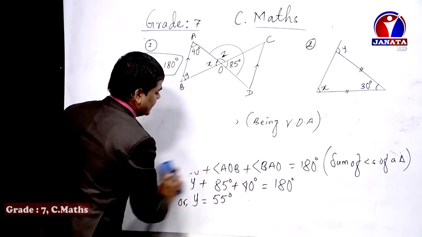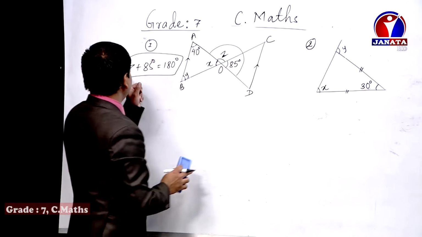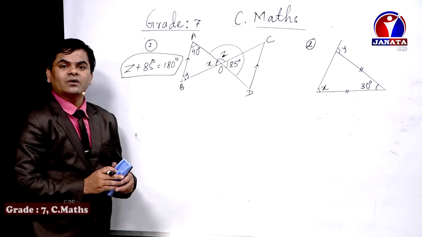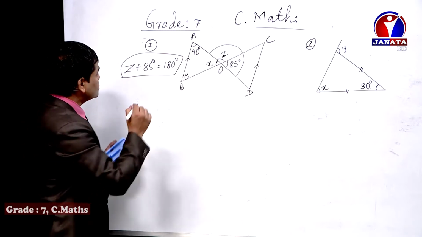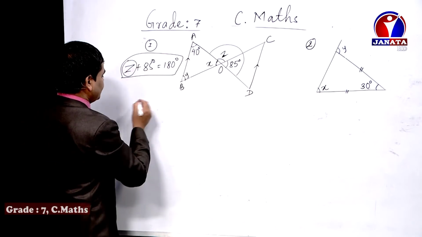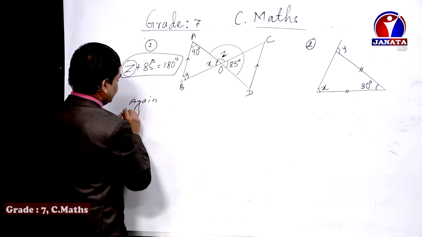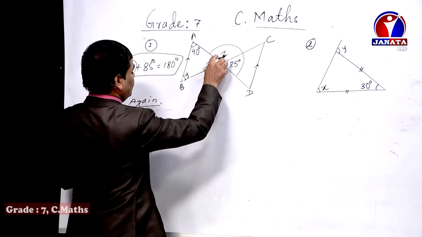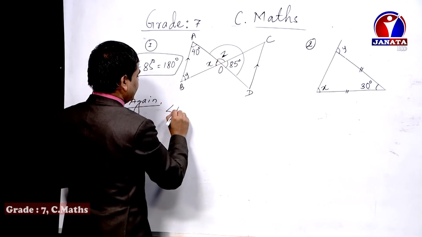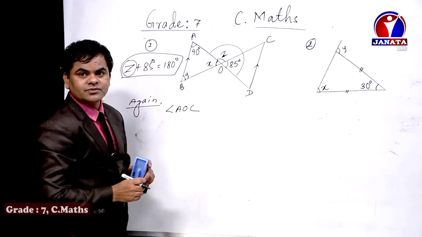Now if we go forward, some people go forward directly in this way: z plus 85 degrees equals 180 degrees, but I don't feel that is good. First of all, for this z, what you have to write again, we're solving down. What is the name of this angle in the triple letter form? Angle AOC. z means angle AOC altogether, isn't it?